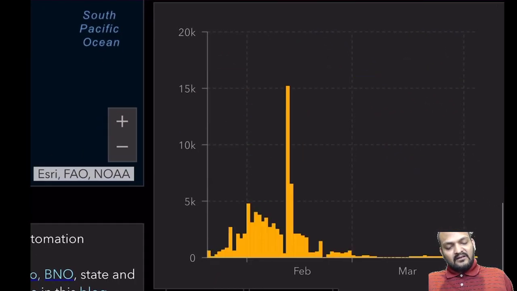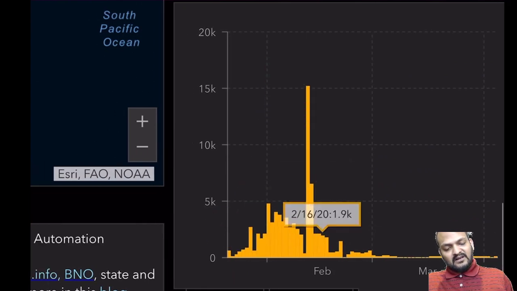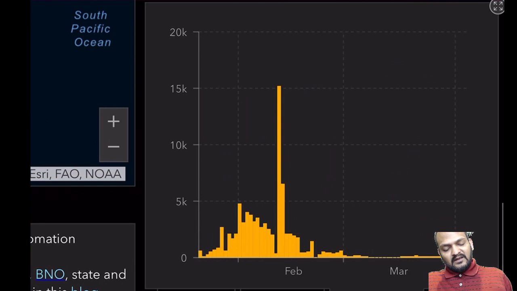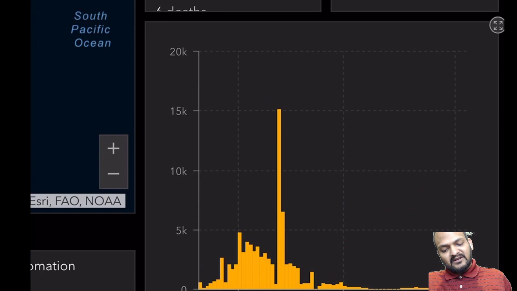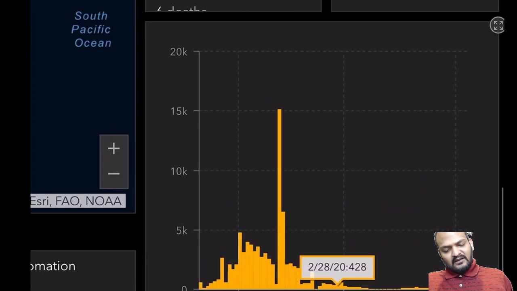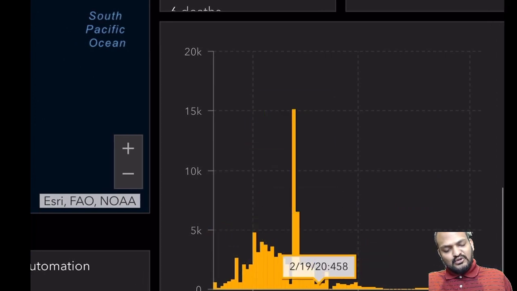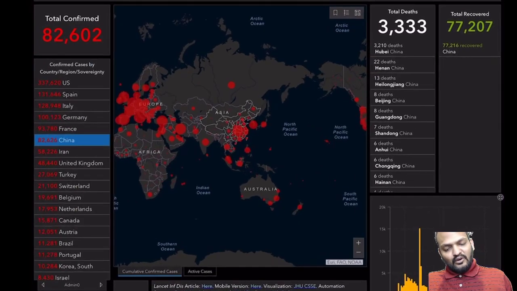Usually the daily increase reaches the peak and then comes down, and it's usually symmetric, so this kind of daily increase is unusual. But again, we don't know how things are, so we will take the reported numbers.